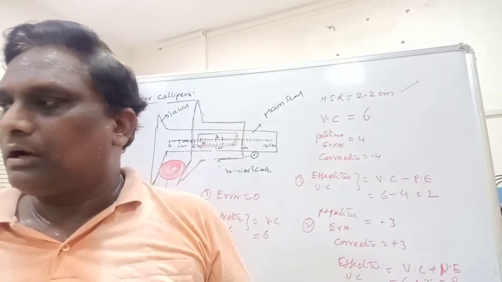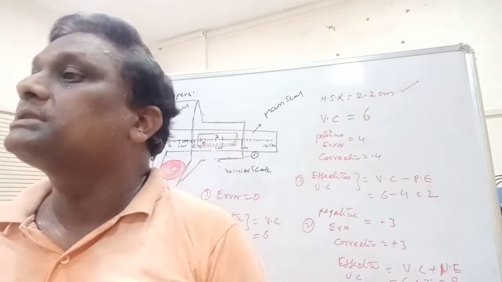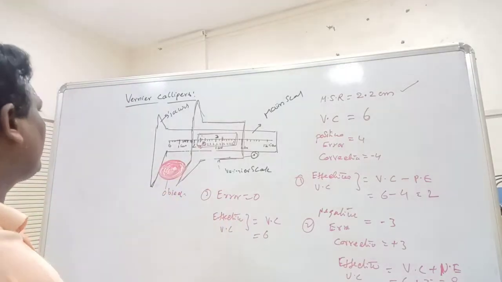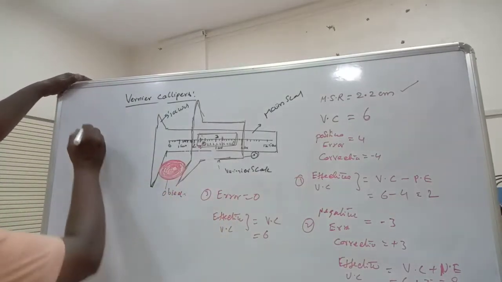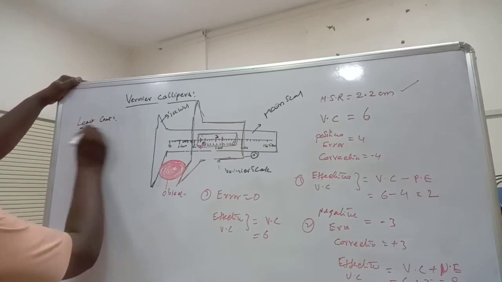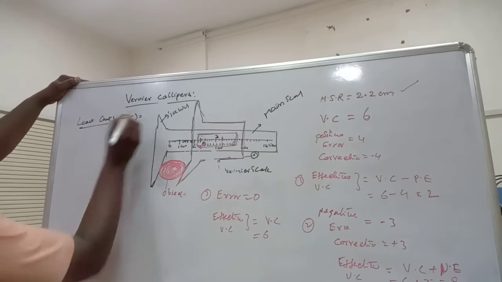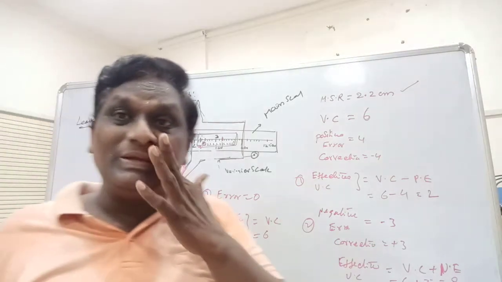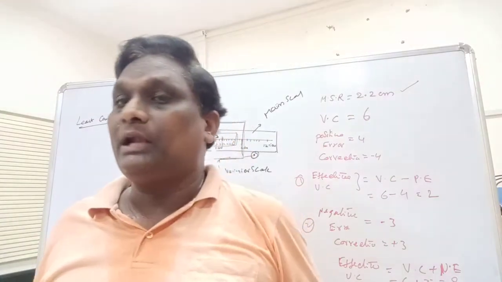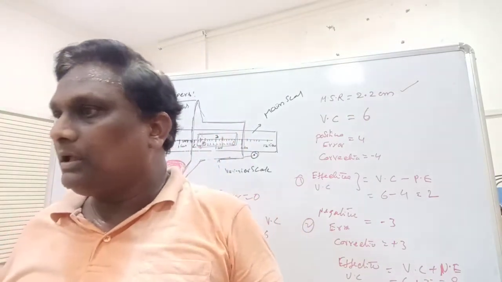No doubt at all. Now very, very important: least count. Least count you have to calculate. This we call LC, least count. Means what is the minimum value you can calculate by using this Vernier calipers? What is the minimum value you can calculate with an ordinary scale? 1 mm.